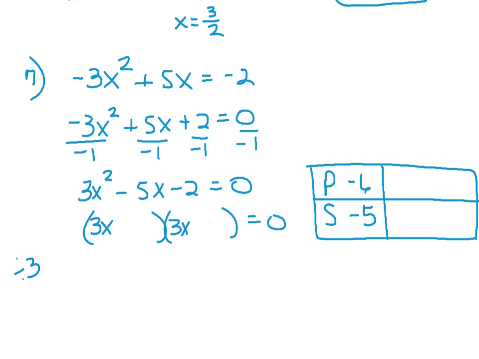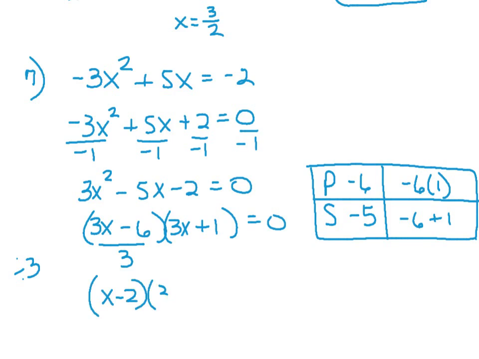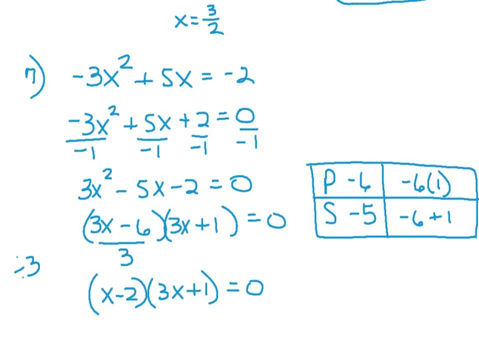Okay, the two integers are -6 and +1, -6 plus 1. So we have -6 plus 1, and let's factor out our 3, correcting the mistake we initially made. We have x minus 2 times 3x plus 1 is equal to 0, and let's solve both.